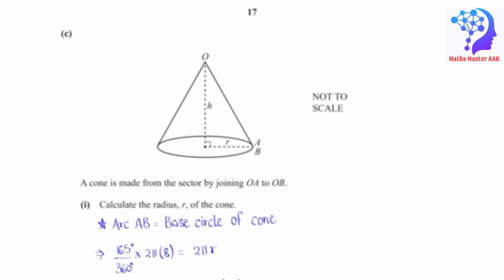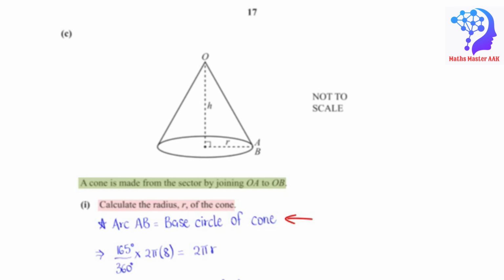A cone is made from the sector by joining OA to OB. Calculate the radius r of the cone. From the information we've been given in the question, if the cone is made from the sector by joining OA to OB, then it means that the arc AB of the sector is the same as the base circle of the cone.